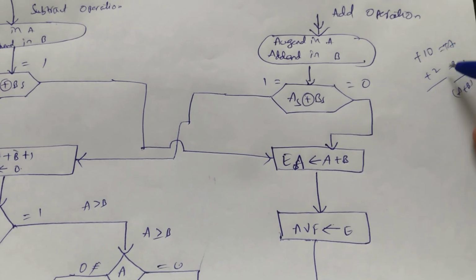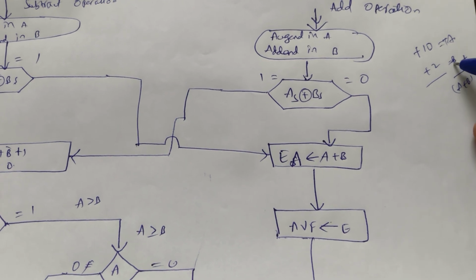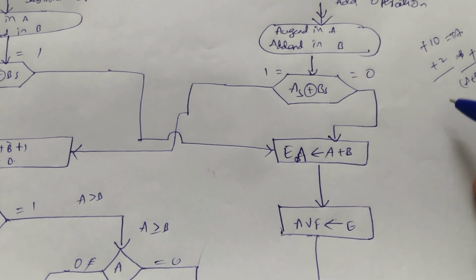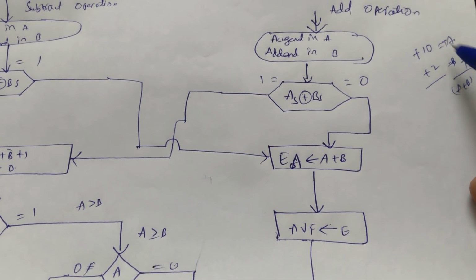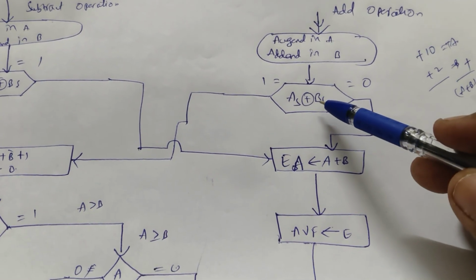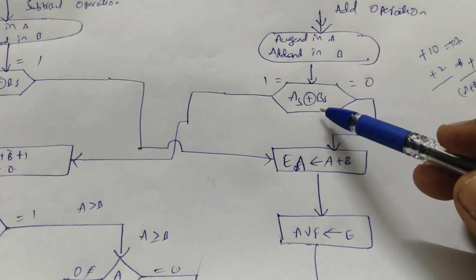Here the signs of A and B are the same, so we need to take a comparison. That is built with the help of one XOR gate.